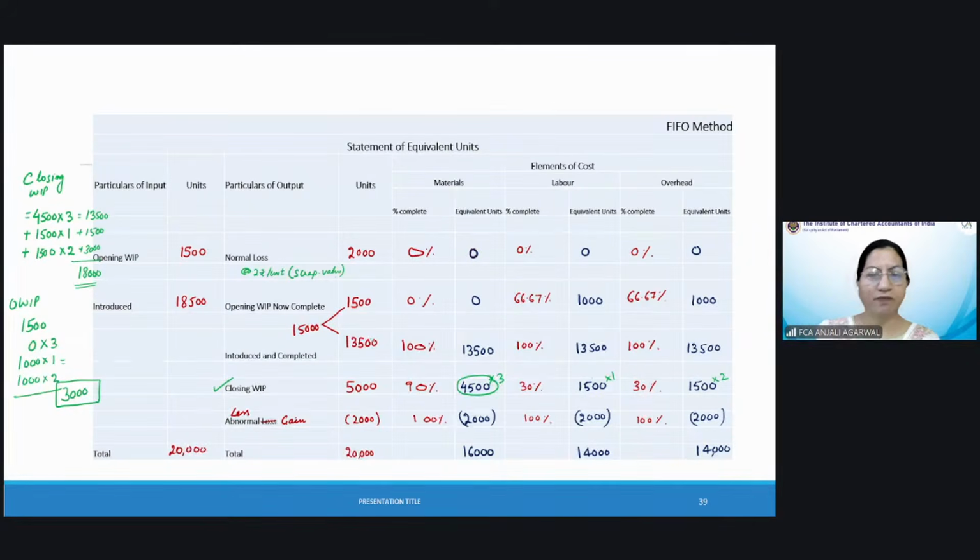13500 introduced and completed. So this will be 13500 into 3, 13500 into 1, 13500 into 2. So I can take 13500 common, 3 plus 1 plus 2, so 6 rupee per unit. Finished goods will cost you 81,000.